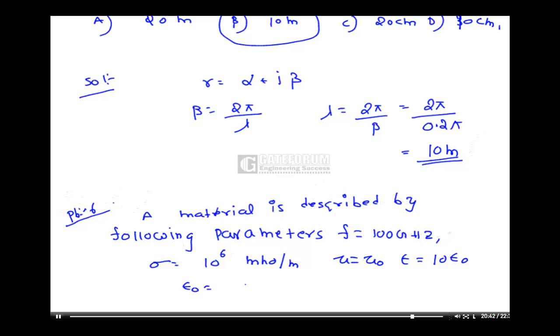Epsilon naught value is 10^-9 / 36 pi farad per meter.